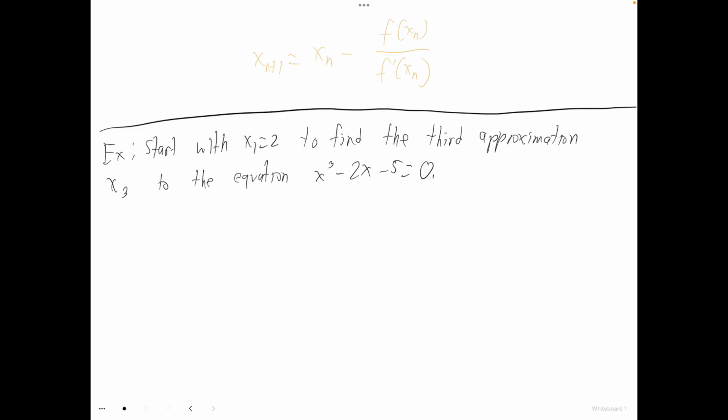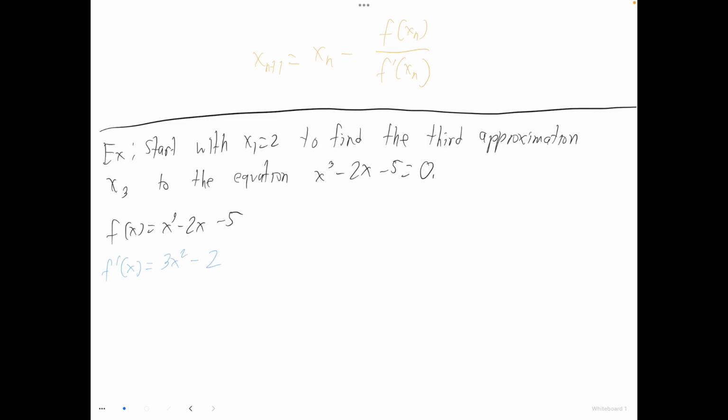So in this case, we're applying Newton's method to the function f of x equal to x cubed minus 2x minus 5, which has a derivative of 3x squared minus 2.